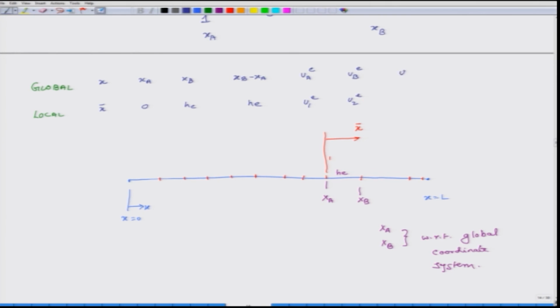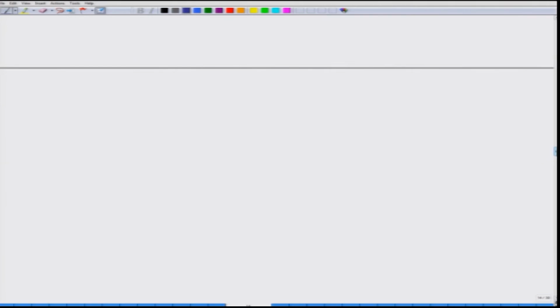Same thing for Q's, Q A, Q B, here I call it Q1 e, Q2 e, and so on and so forth. Most of the computations when we do at element level, we do not use the global coordinate system, we use the local coordinate system.